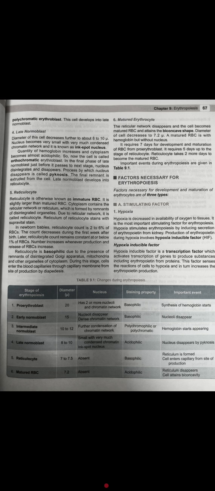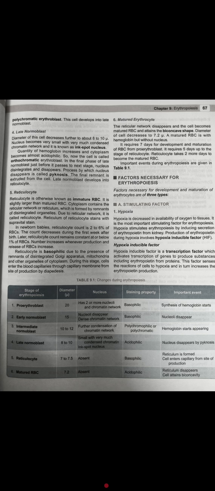Now in late normoblast, the diameter of this cell decreases further to about 8 to 10 micron. Nucleus becomes very small with a very condensed chromatin network, and it is called an ink spot nucleus. Now see, in the first stage the nucleus was very large and covering almost the whole space of the cell.